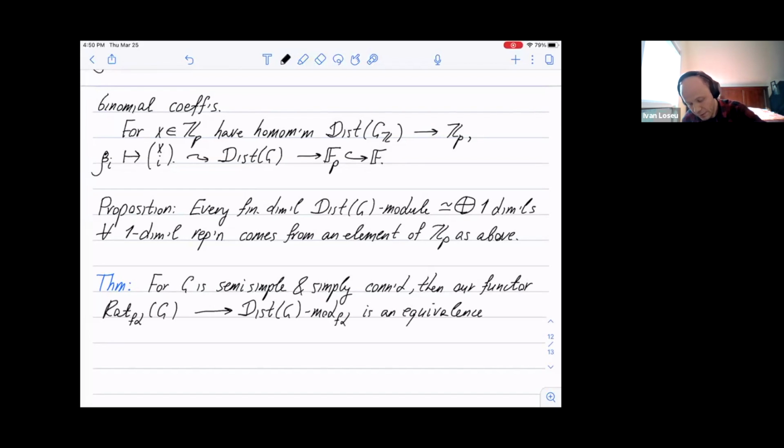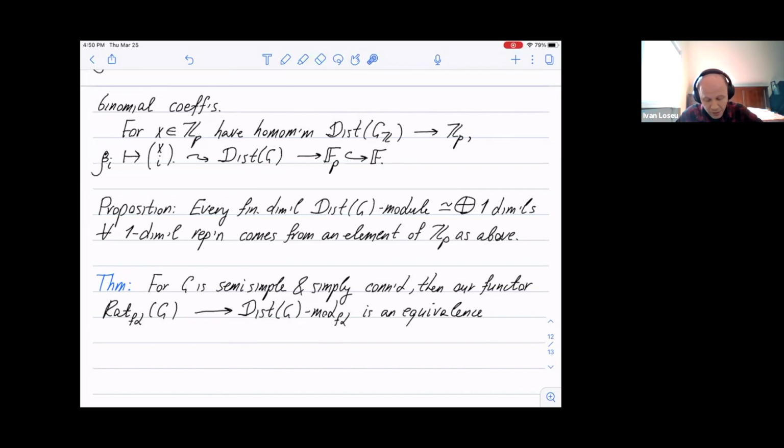So in this case, every finite dimensional representation of this Dist(G) comes from a rational representation of the group. So that's a nice result. In particular, if we care about semi-simple and simply connected groups, then we can fully replace our algebraic group with this algebra, which is what we are going to do for quantum groups, at least for the time being.